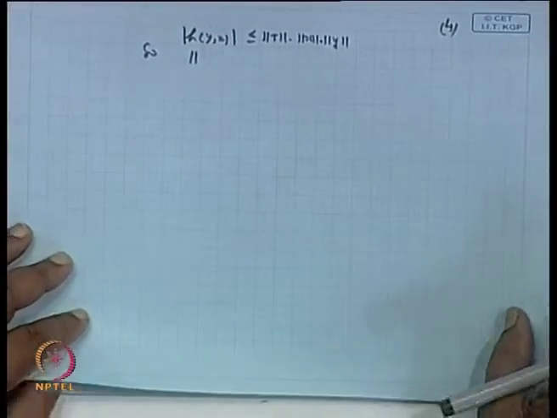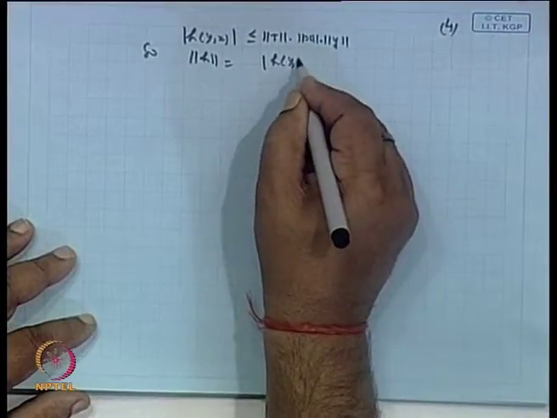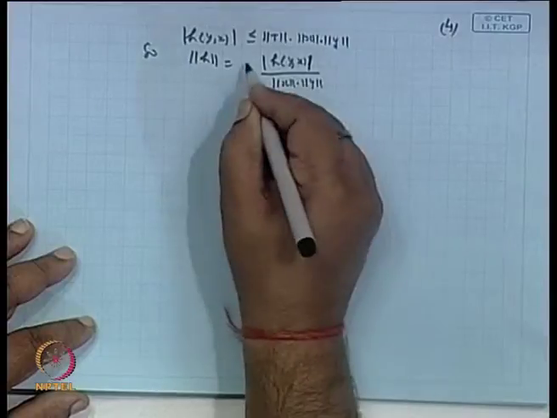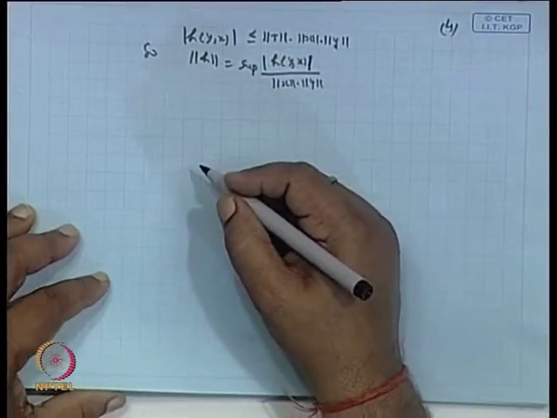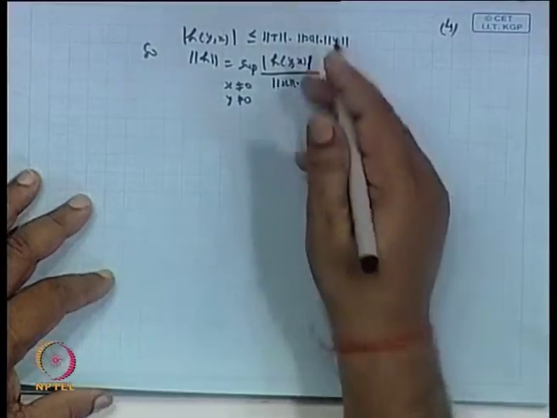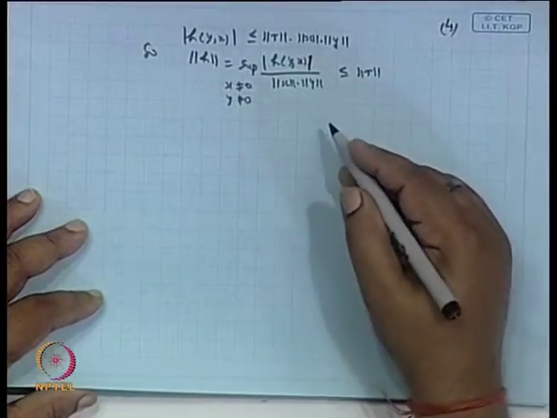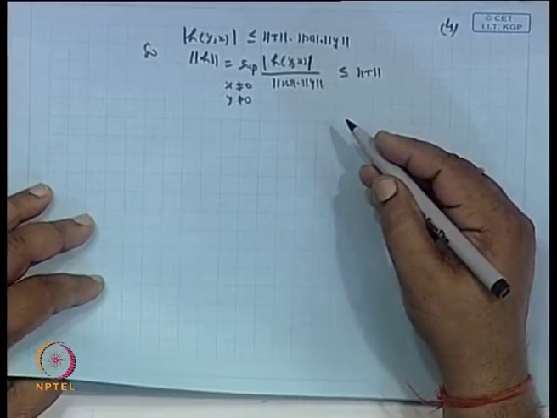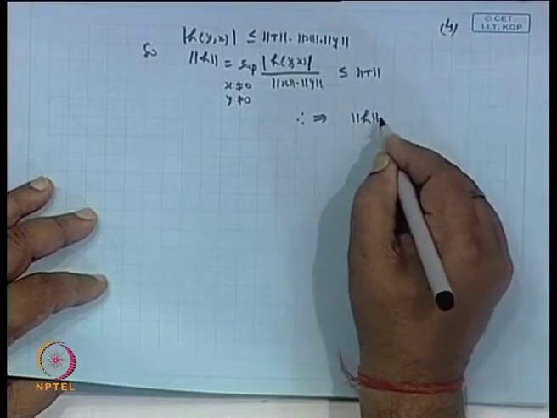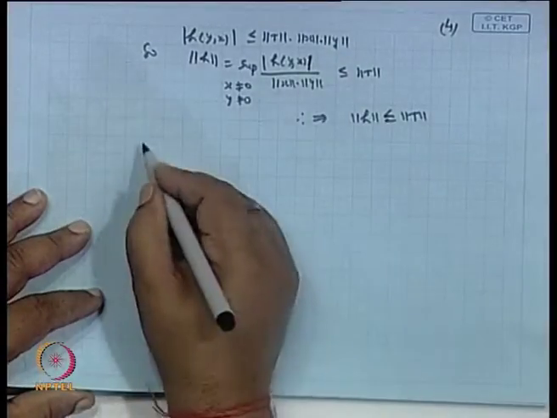Now, norm of H is equal to the supremum of modulus of H of y, x over norm of x into norm of y, where x is not equal to 0 and y is not equal to 0, but when you divide, it is less than or equal to norm T. So, what we conclude is norm of H is less than or equal to norm T. Is it okay?